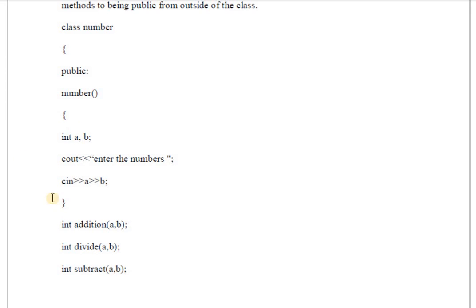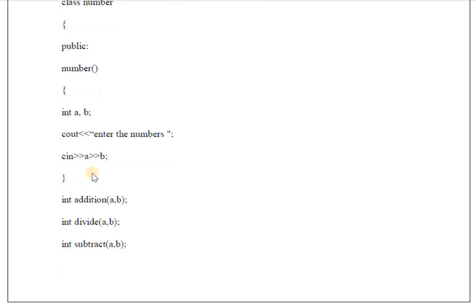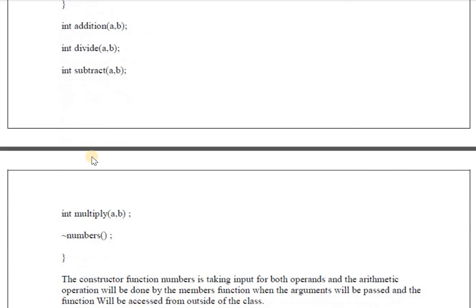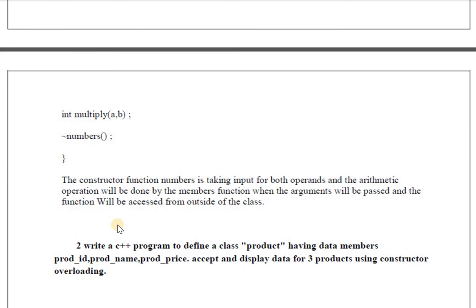In that constructor we are inputting the two values, that is A and B. Then we want to perform the mathematical operations like addition, subtraction, division and multiplication on those numbers. So here the functions are defined and here the destructor is called.